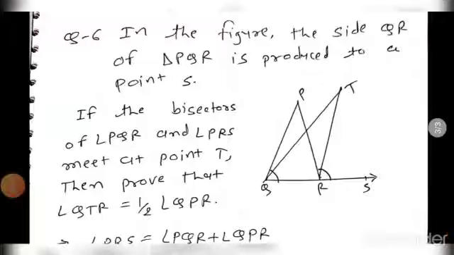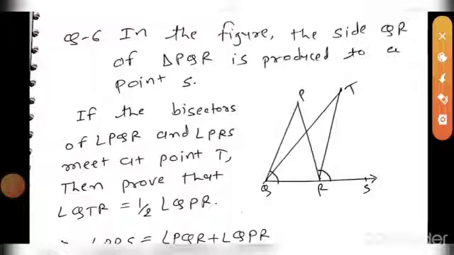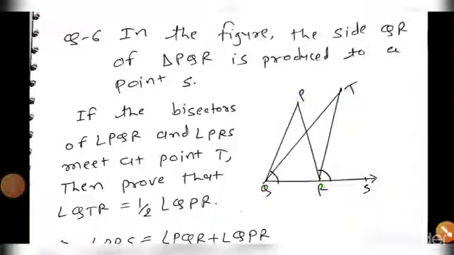If the bisector of angle PQR and angle PRS meet at the point T, these two angles PQR and PRS have the bisectors meeting at T over here.